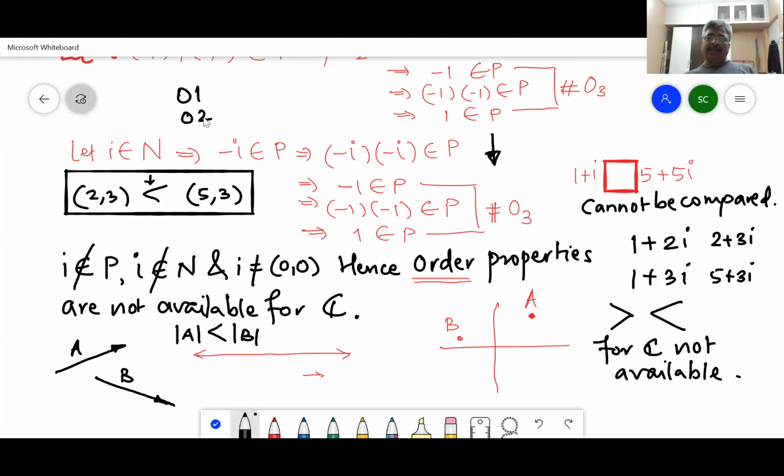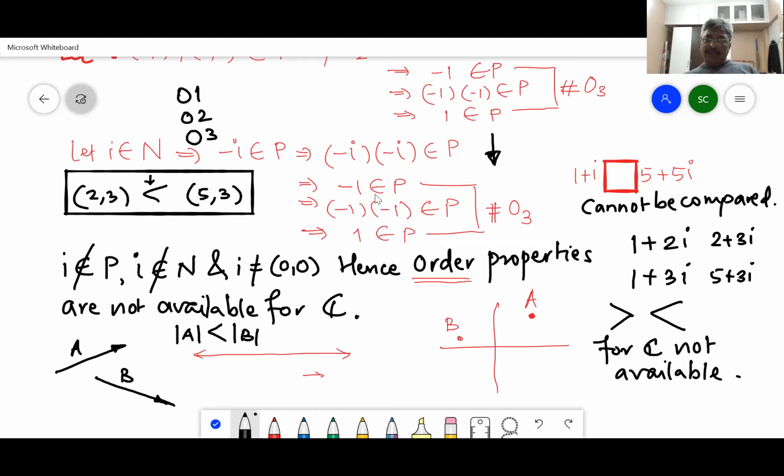In the distributive property they come together, but otherwise this is addition, this is multiplication, and O3 talks about the exhaustiveness of the number system. If you have a number, it should be either 0, or belong to P, or belong to N. Then that is the only space available, so it has to be one of these three. That is the speciality of O3.